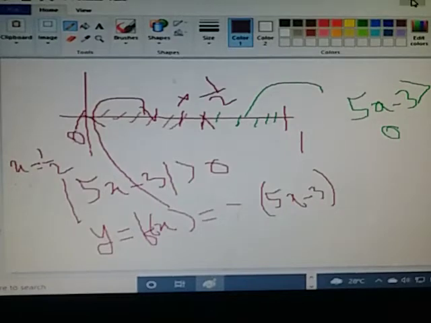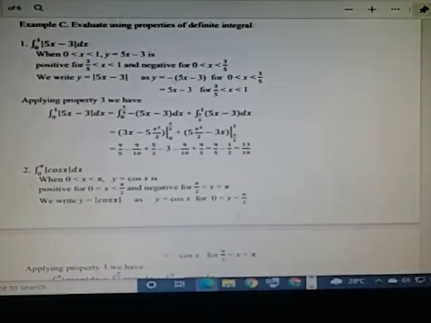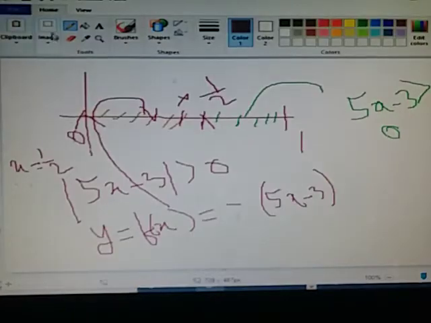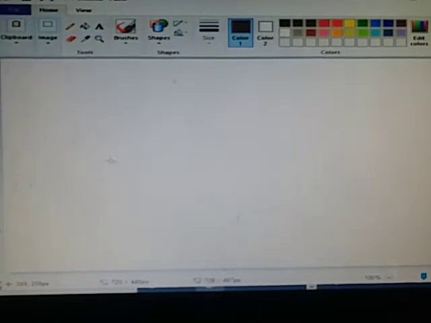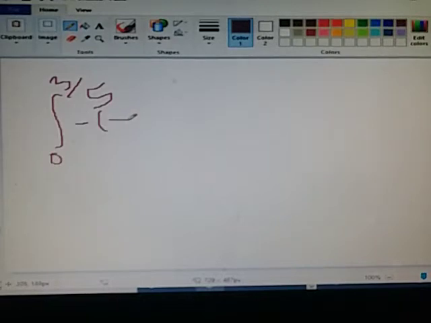Now we apply property 3: from 0 to 3 by 5, the integral of minus of 5x minus 3 dx.